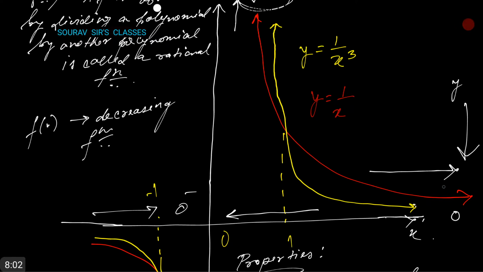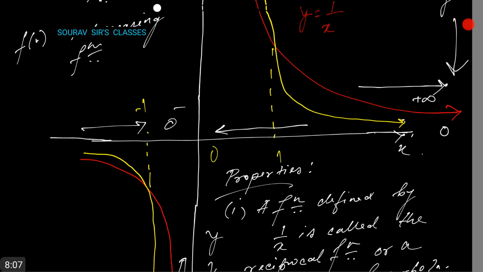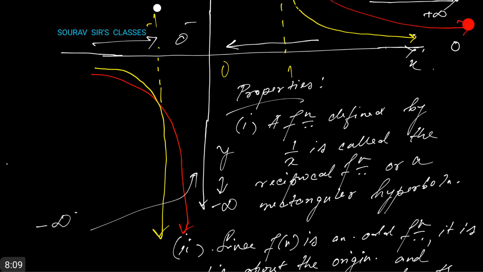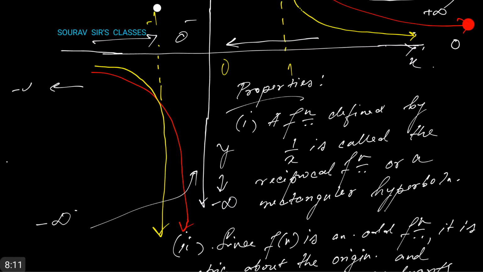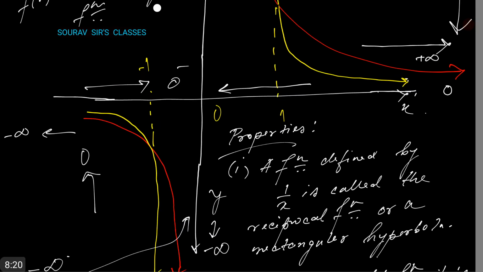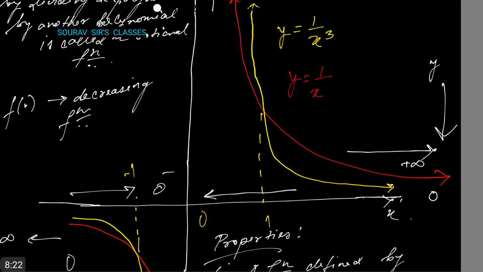As you approach positive infinity or negative infinity on the x-axis, the value of y will tend to 0. That's what they're trying to say.